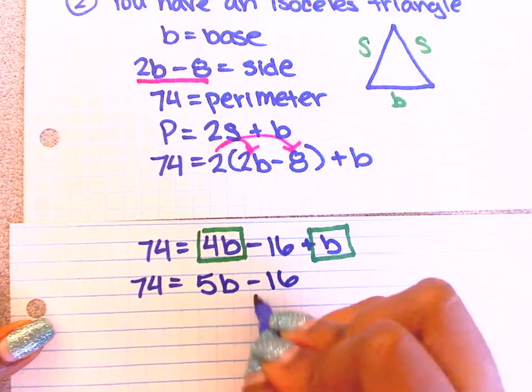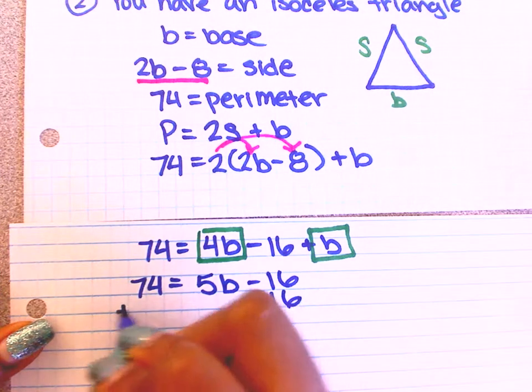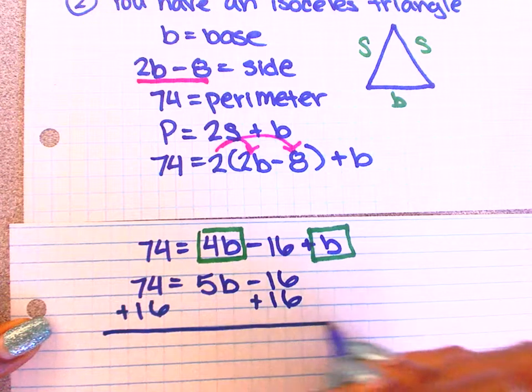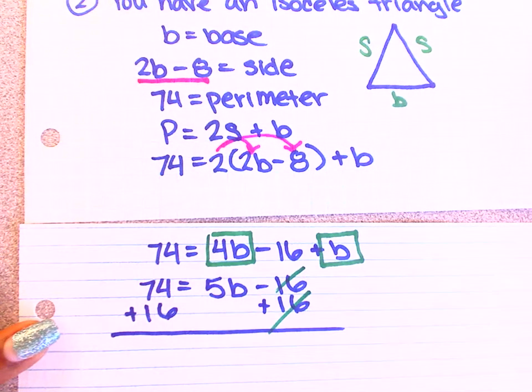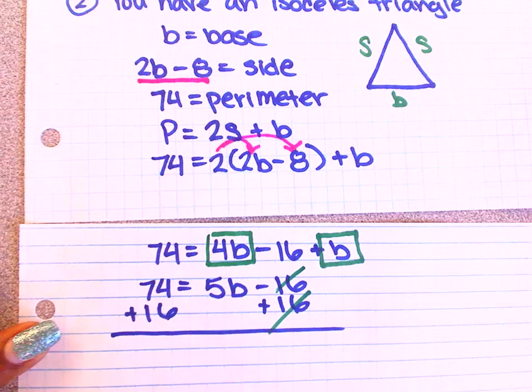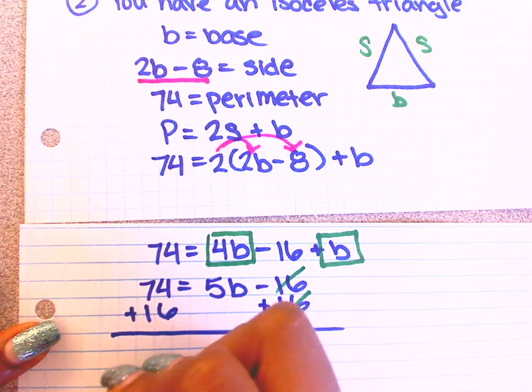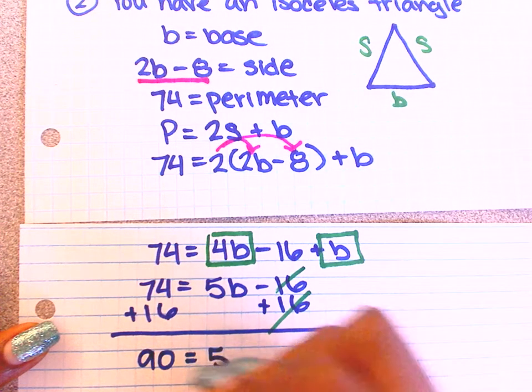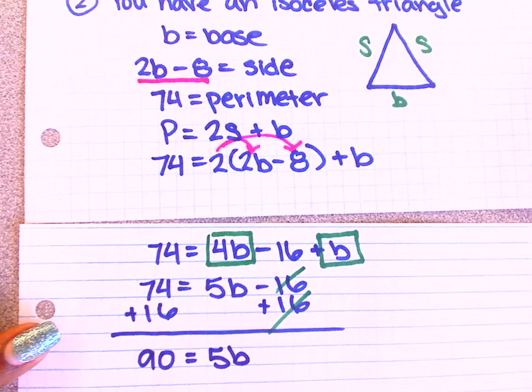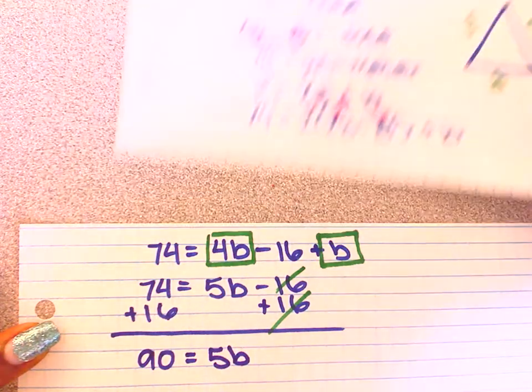So now add 16 on both sides to isolate the variable. My negative 16, my positive 16 cancel each other out. So I have 74 plus 16, which is 90. I'll do the math for you. Equals 5b. So now we're almost there.